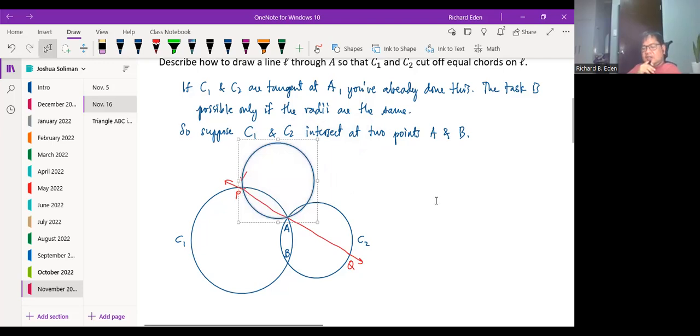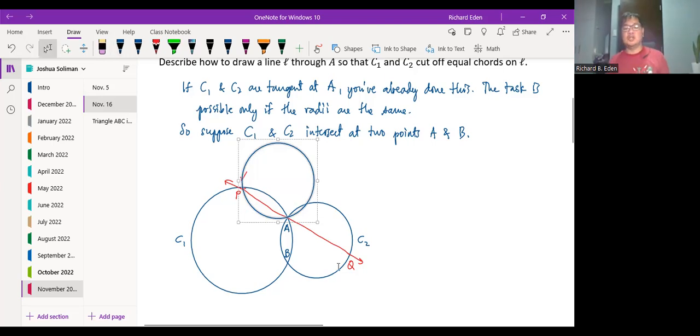So what I'm talking about right now is the sort of backwards work that tells us how to determine points P and Q.